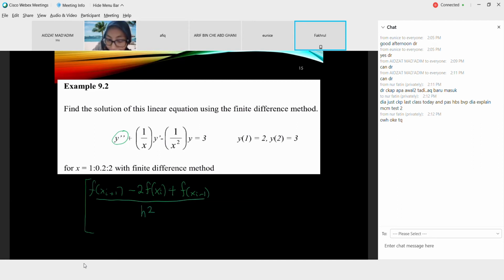So you just substitute here because you know this is f double prime. Okay, so substitute saja ya. Plus y double prime.